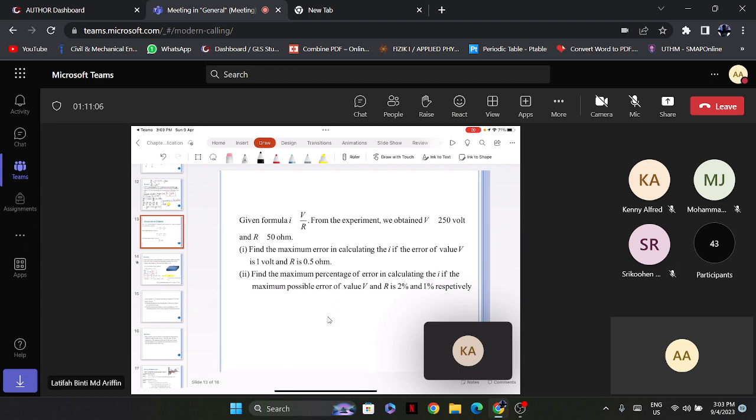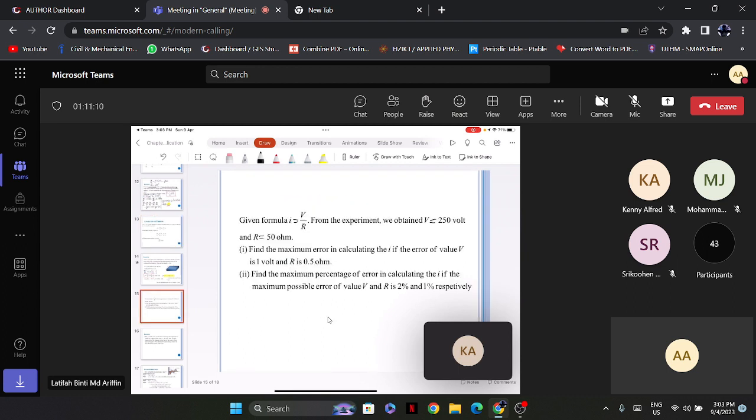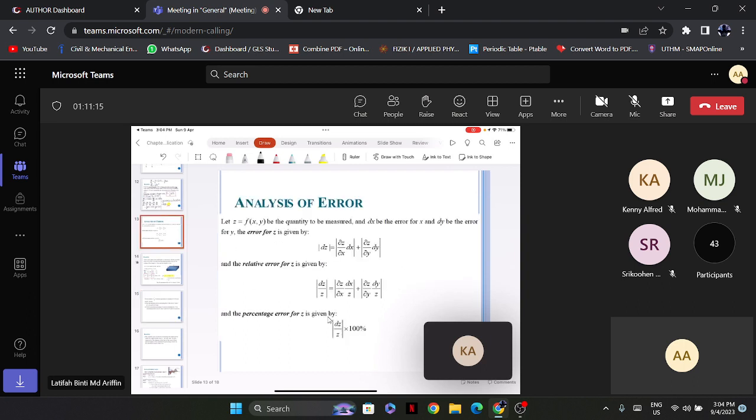Okay, lihat balik kita punya formula. Soalan dia tadi kata find the maximum error in calculating I. So dia suruh cari yang pertama ni. Untuk cari maximum error, formula yang you akan guna yang pertama ni, iaitu modulus dz equals modulus del z over del x dx plus modulus del z over del y dy.